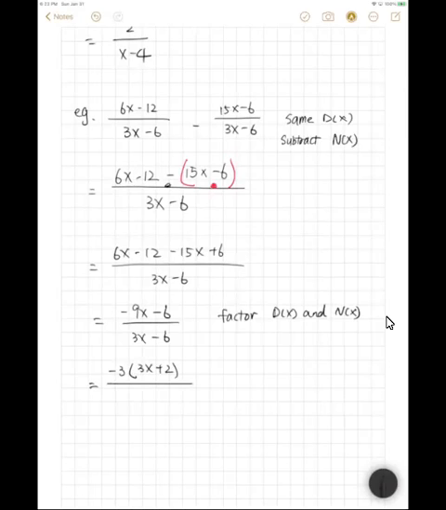For the denominator, the common factor is 3, so I have 3 times x minus 2. They both have 3, so we can divide out 3. So we have negative 3x plus 2 over x minus 2.